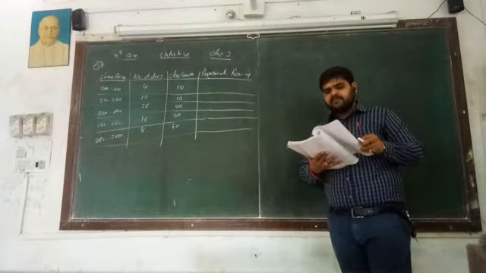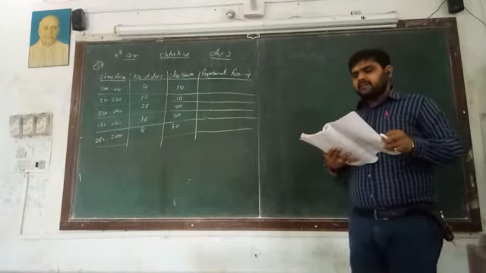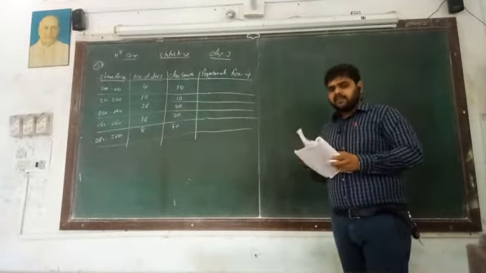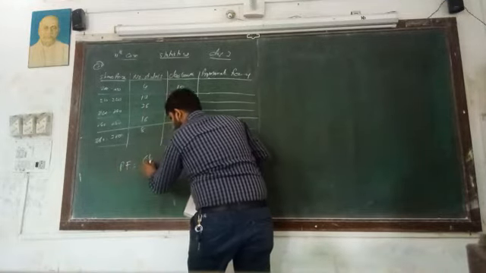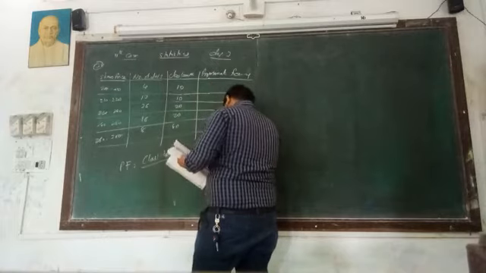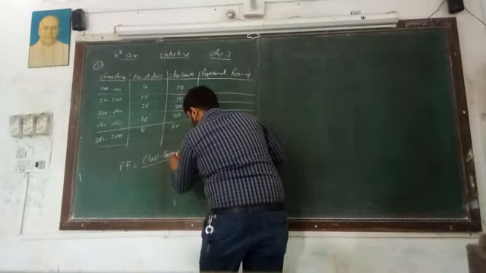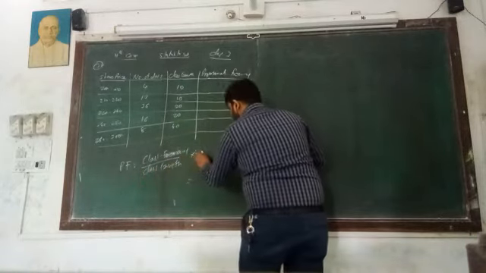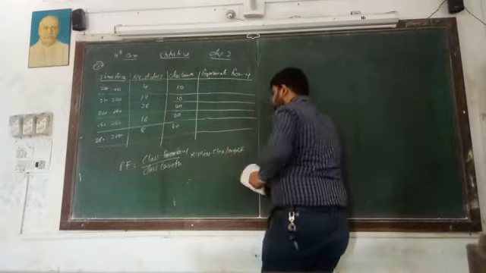So the formula of proportionate frequency is class frequency divided by class length, multiplied by minimum class length. Okay, so this is our formula.